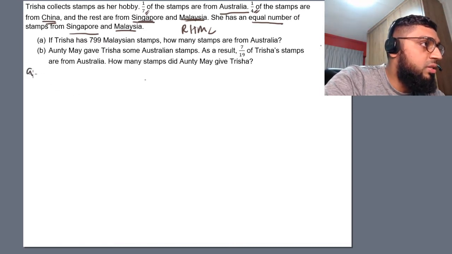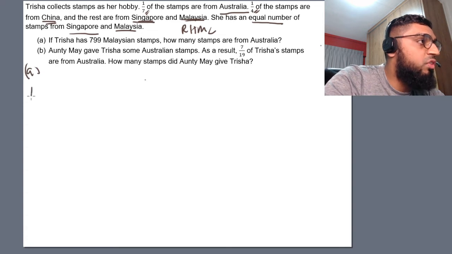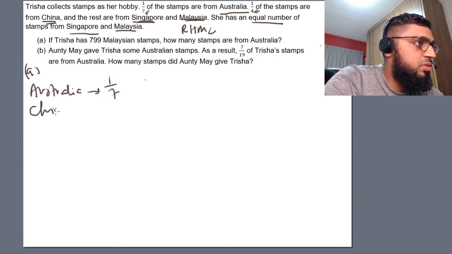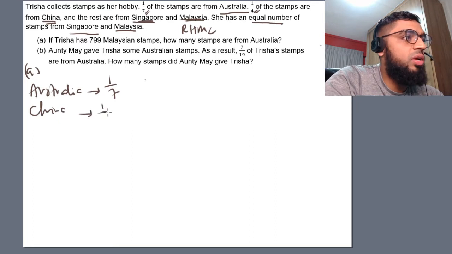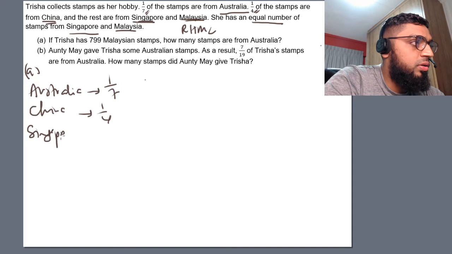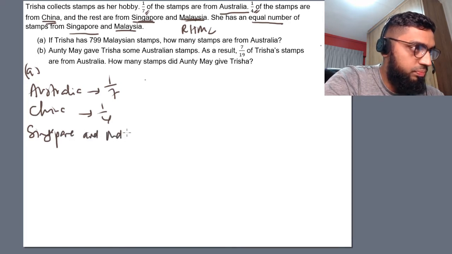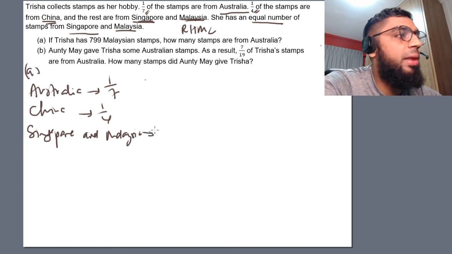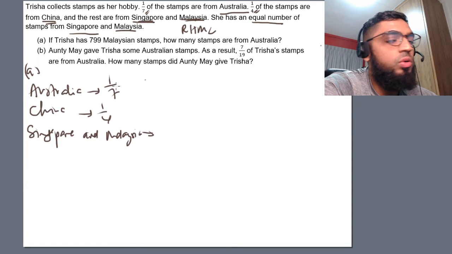Alright, so let's approach part A. For the Australian stamps, she has 1/7 of those. For China stamps, she has 1/4 of those, and the rest, which is made up of Singapore and Malaysia, will be the remaining stamps, which is 1 minus 1/7 minus 1/4.